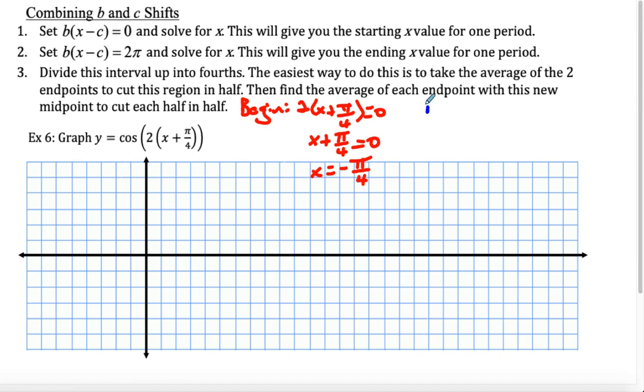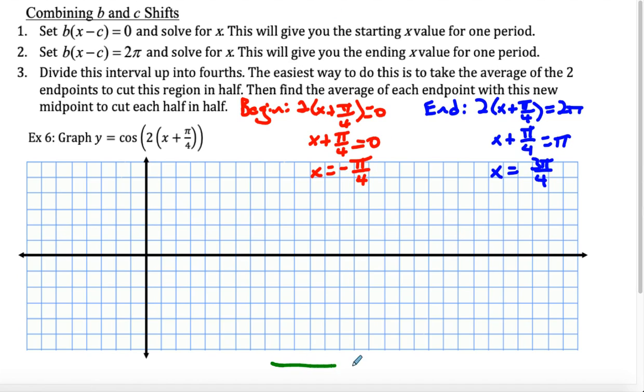My ending value then, I'm just going to set 2 times x plus pi over 4 equal to 2 pi. Divide both sides by 2, and we'll just get x plus pi over 4 equals pi. Subtract the pi over 4, and we'll get x equals 3 pi over 4. So I'm starting at negative pi over 4 and ending at 3 pi over 4.